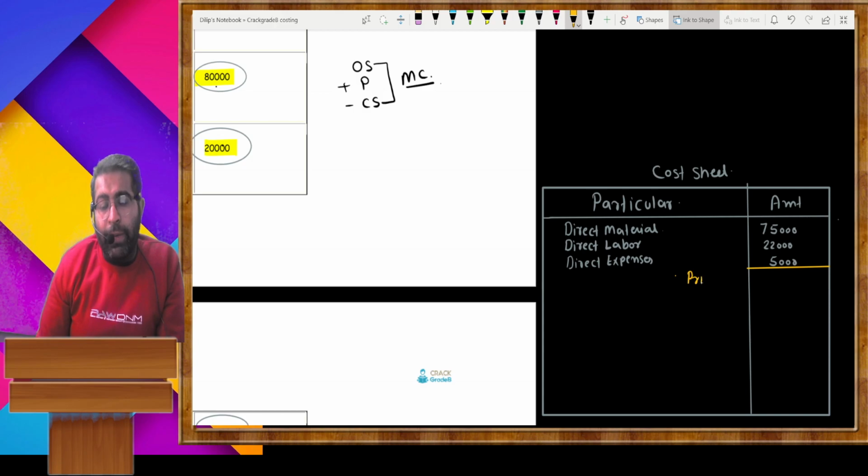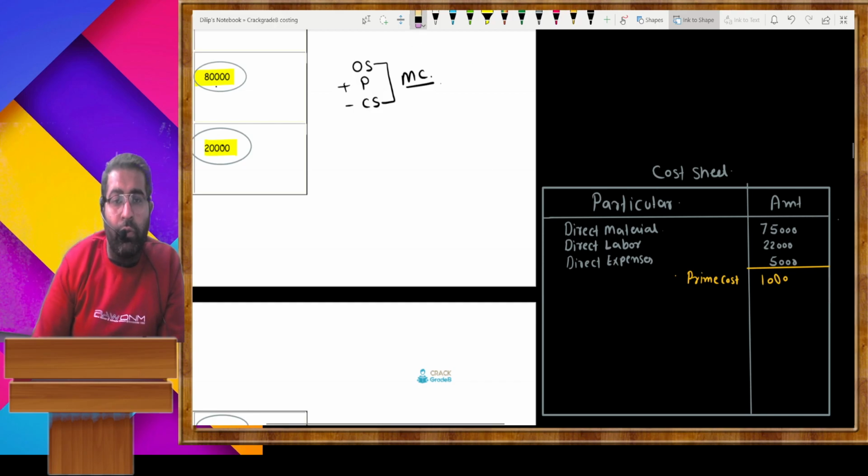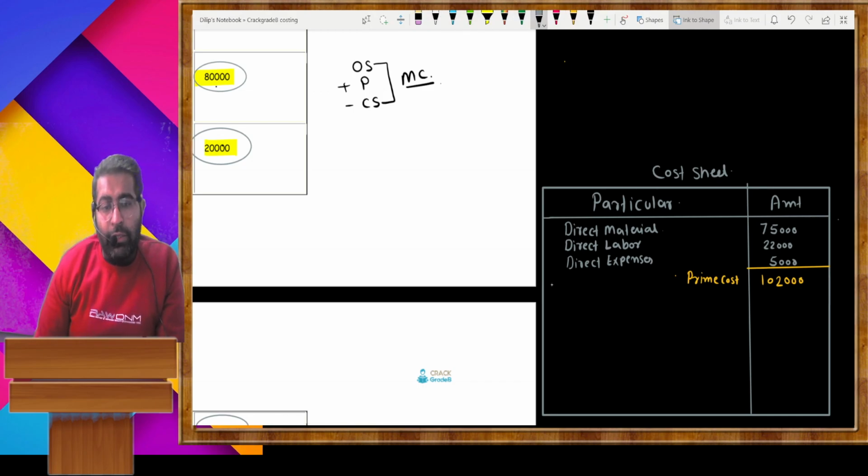It is regarded as prime cost, that is 75, 80, 1 lakh 2,000. How much? 1 lakh 2,000. Now in this we will add all the types of factory expenses.